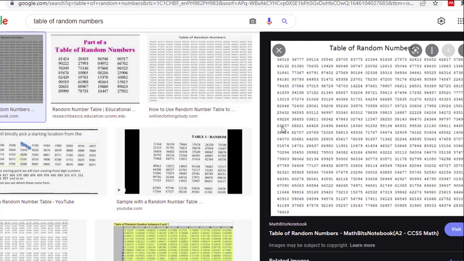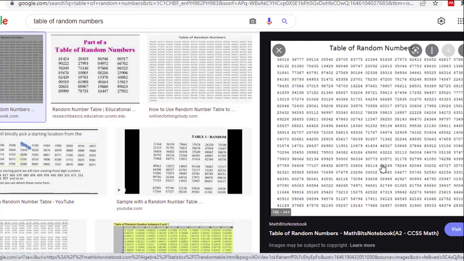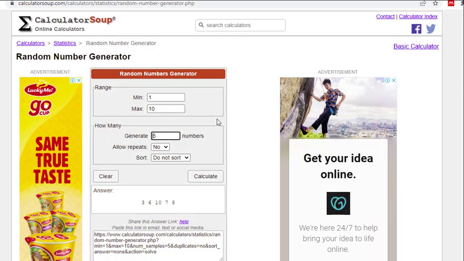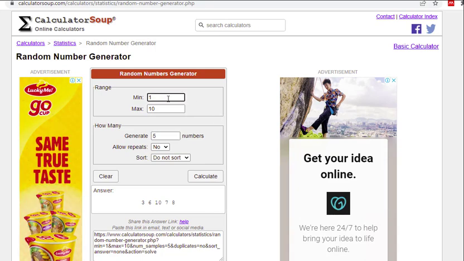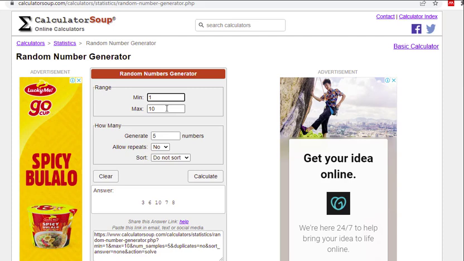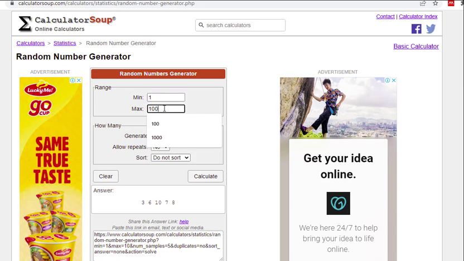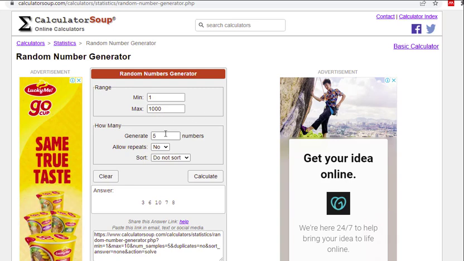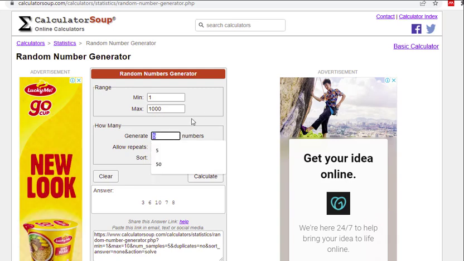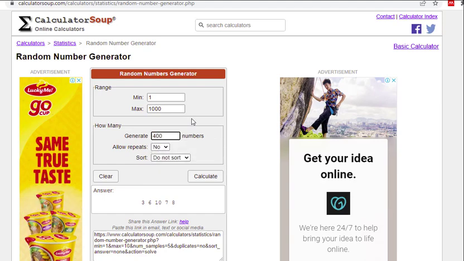Now, this type of table of random numbers is predefined, so you just use it. But there are also random number generators. For example, if you have a minimum of 1 and a range of, let's say, 1,000, which is your population size, and you have to generate maybe 400 out of that.